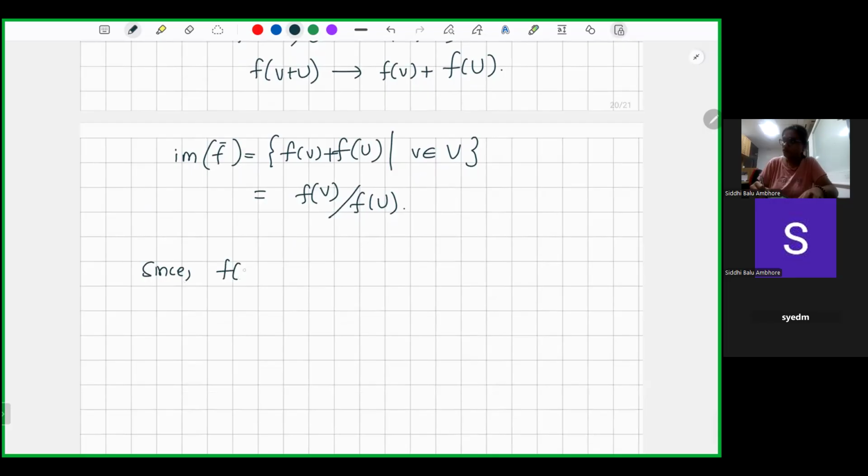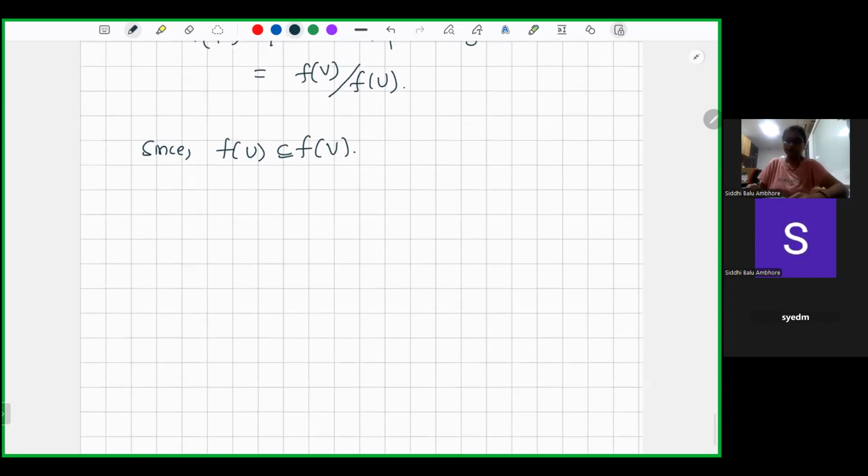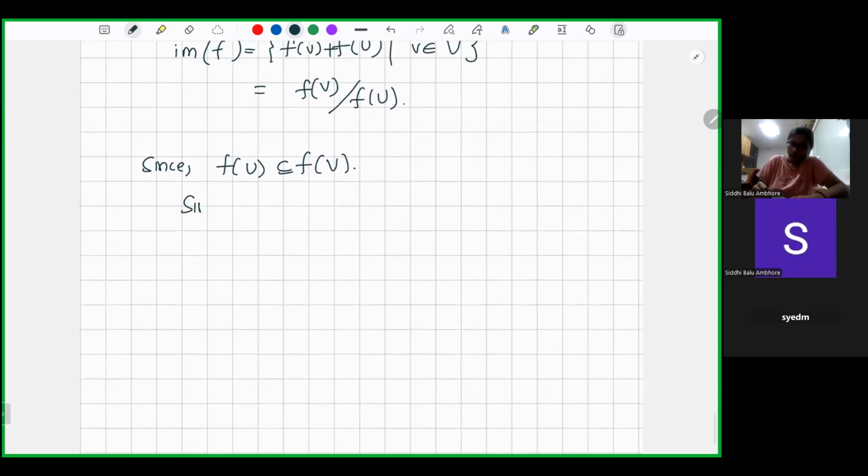Okay, and since f of U is contained in f of V, since U is finite codimensional, okay, we are running out of time.